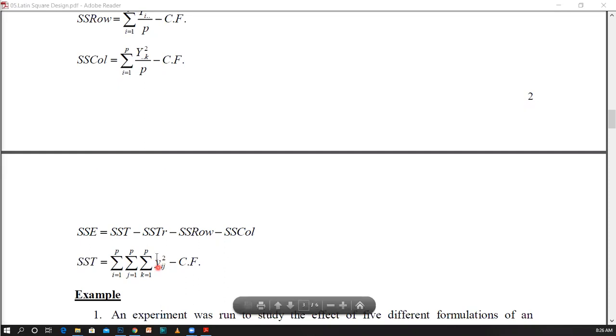Since you are summing the squared term of every observation, I have mentioned this as i going from 1 to p, j from 1 to p, and k from 1 to p. Then the correction factor is subtracted from this quantity to obtain the total sum of squares.